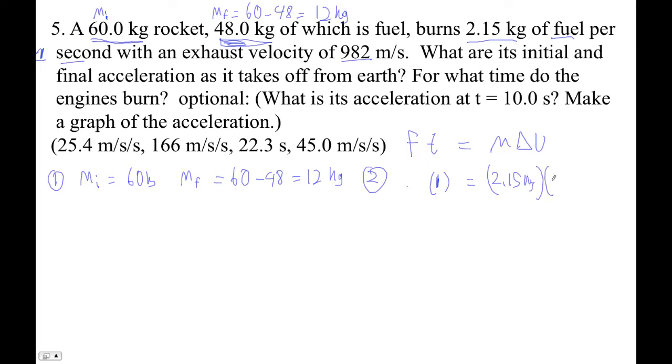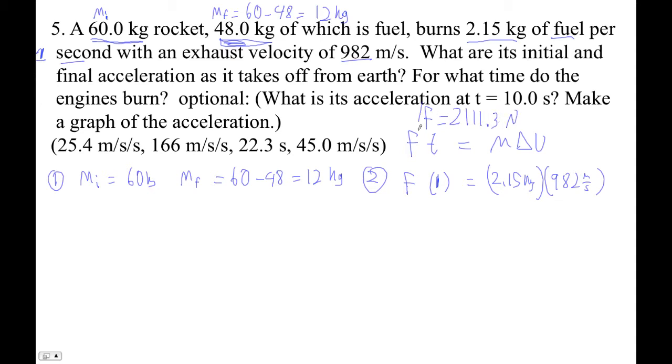The exhaust velocity is 982, and then that's times force. So force is going to equal this times this. So let's go 2.15 times 982. And that is 2111.3. Okay, so the thrust of the engine is 2111.3 newtons.